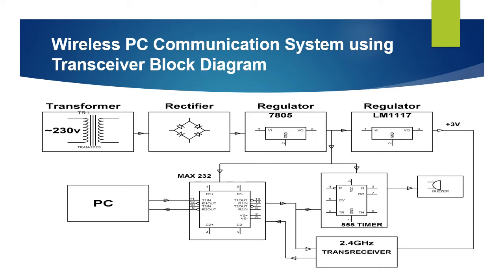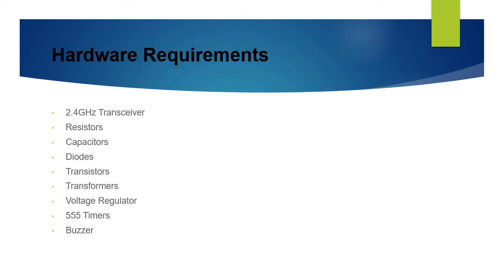A 555 timer is given, MAX232, and PC. And here you can see a buzzer, which gives a sound to initiate the chat or the communication. Yes, these are the hardware components: 2.4 gigahertz transceiver, resistors, capacitors, diodes, transistors, transformers, voltage regulator, 555 timers, and a buzzer.